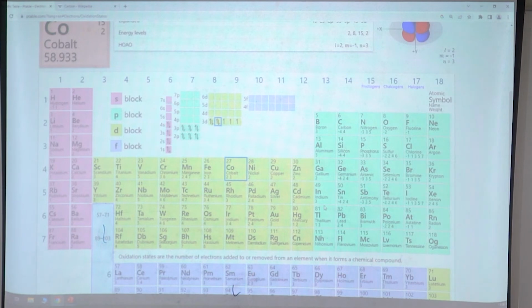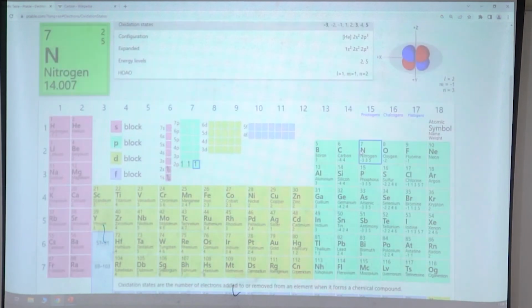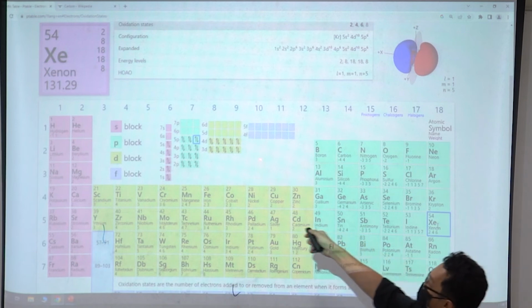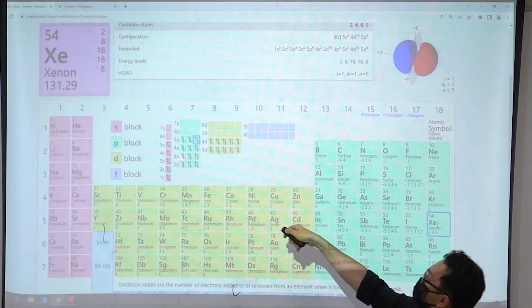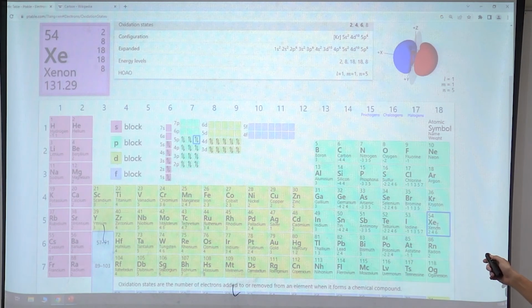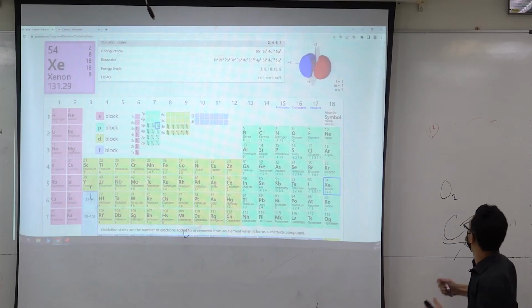One orbital can hold 2 electrons, except for the noble gases. If you see the noble gases, everything is perfectly filled, so we call it an octet. When it is perfectly filled, it can exist as monoatomic.